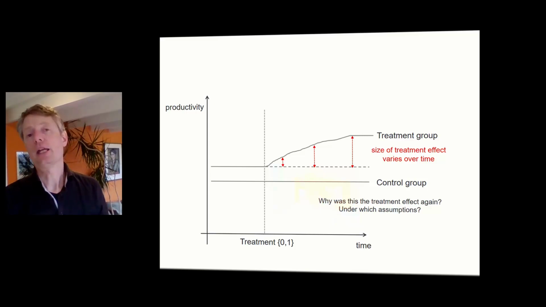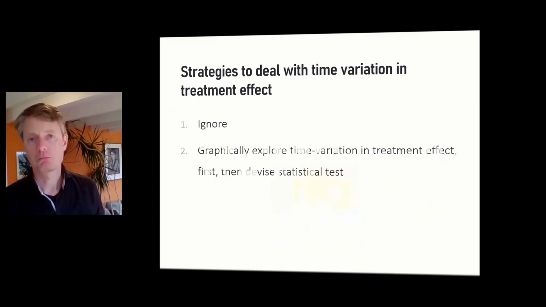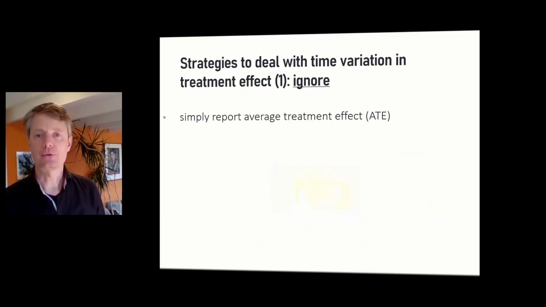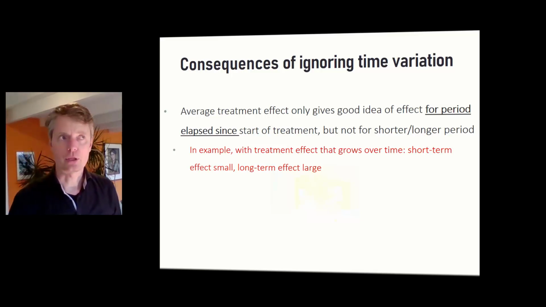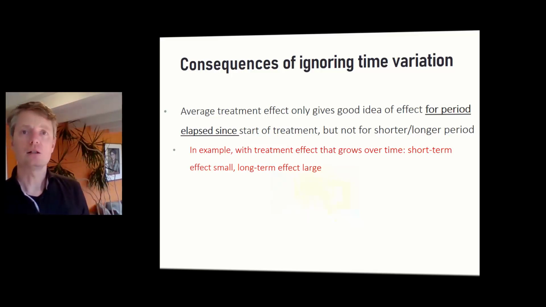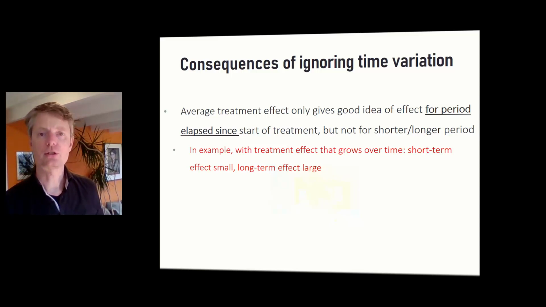In some cases, you may not even be able to reject the null hypothesis of no effect. So you may go back to management and say, we did not find evidence that the new technology had much of an effect on productivity. But that may be a consequence of the fact that it took a while before the full benefits of the technology were absorbed.